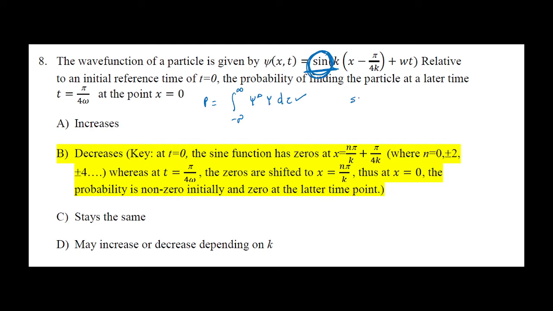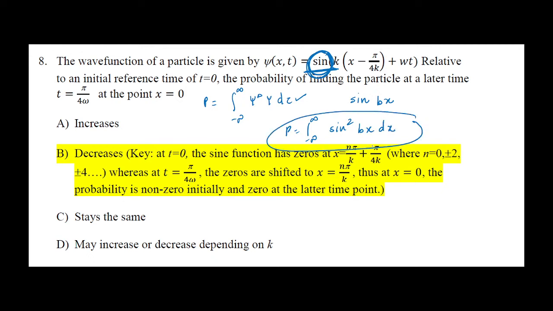So can I write, let's say, sine bx? Then the probability is the integral from minus infinity to plus infinity of sine square bx dx.